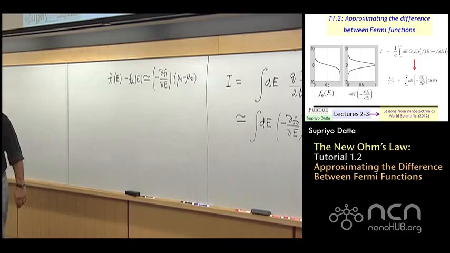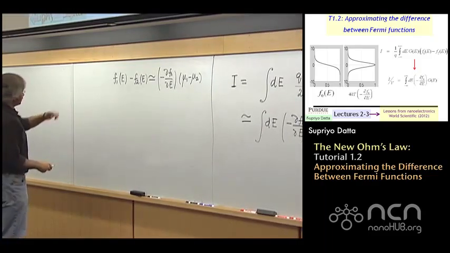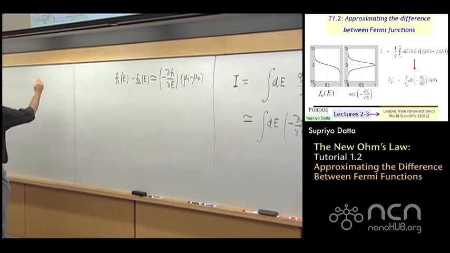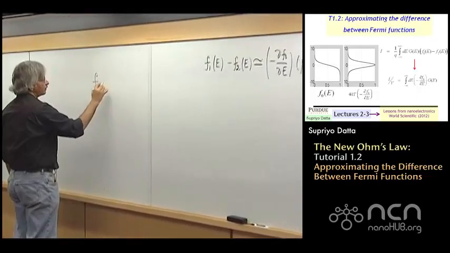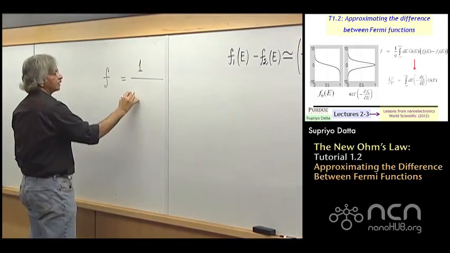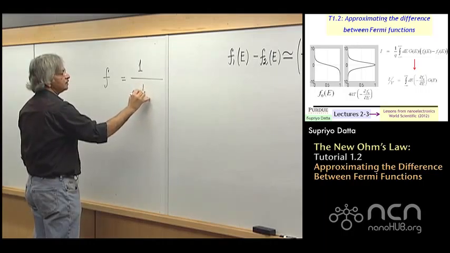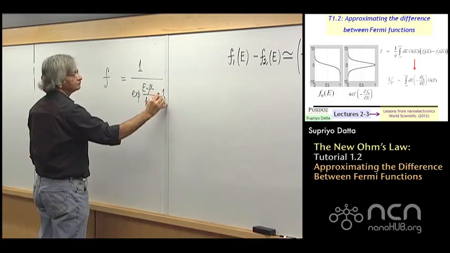Now, as you know, the Fermi function looks like 1 divided by exponential of (E minus mu) over kT, plus 1.